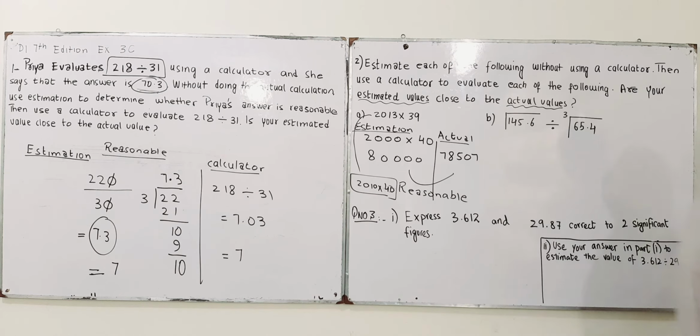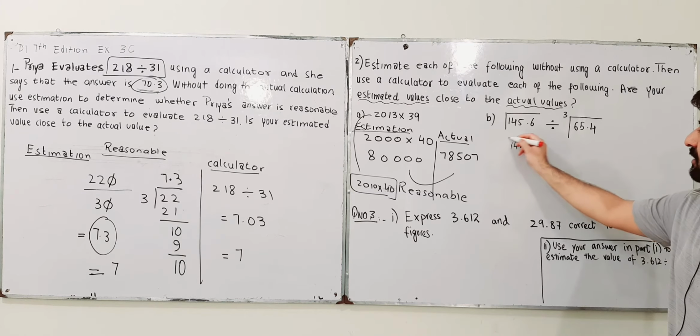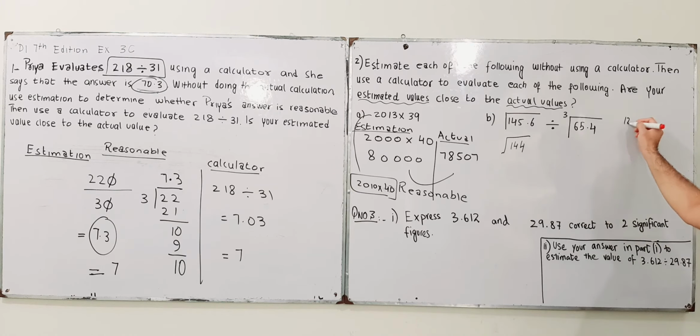What about part B? Part B is square root 145.6 divided by cube root 65.4. Well, square root 145.6 I can estimate like this, because 12 squared is 144, so I am looking for a square number near 145.